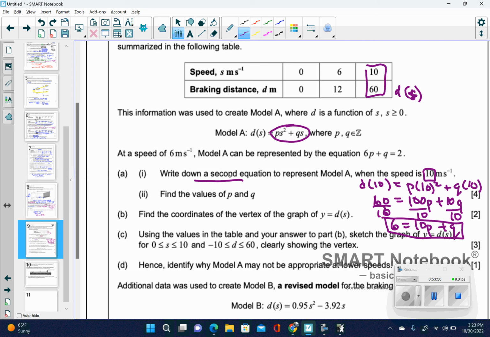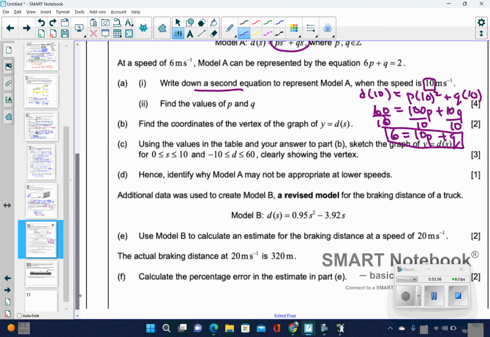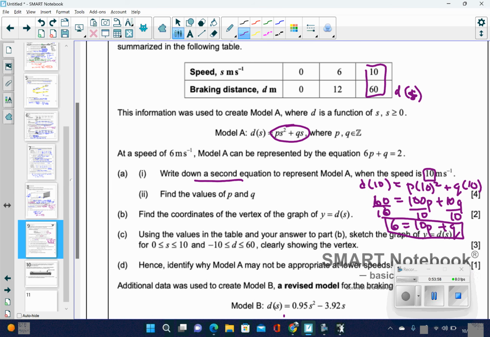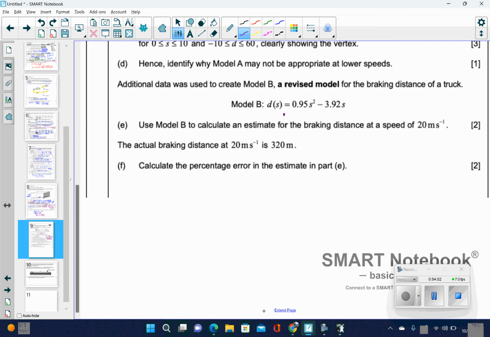Write down a second equation to represent Model A. Part B says find the values of P and Q. I need a little more space to do that, so I'll extend this page. To find out what that is, we write down the new model we just found, which is 10P plus Q is equal to 6.